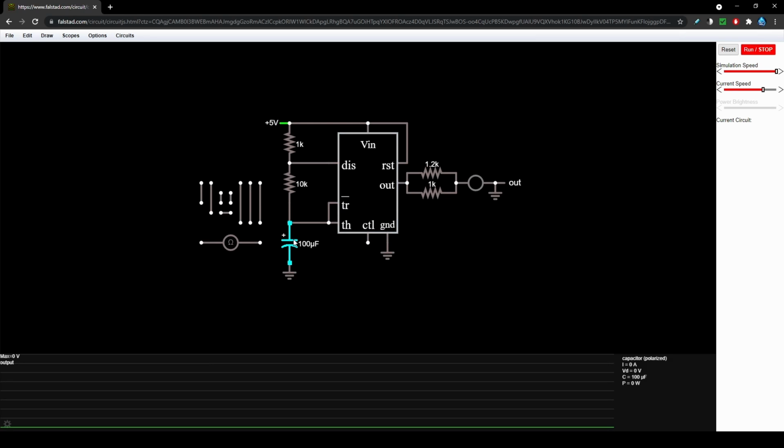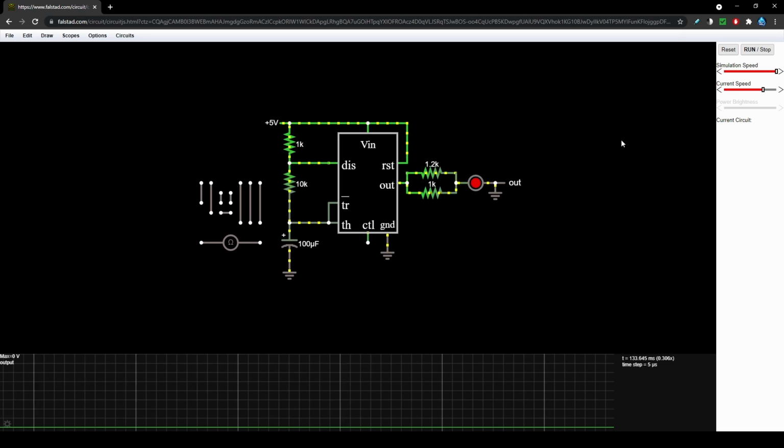The capacitor also releases all of its stored energy, which goes through the 10,000 ohm resistor and into the discharge pin, which is pin number 7, which leads it to pin 1, ground, which of course goes to ground. The capacitor also goes to ground.